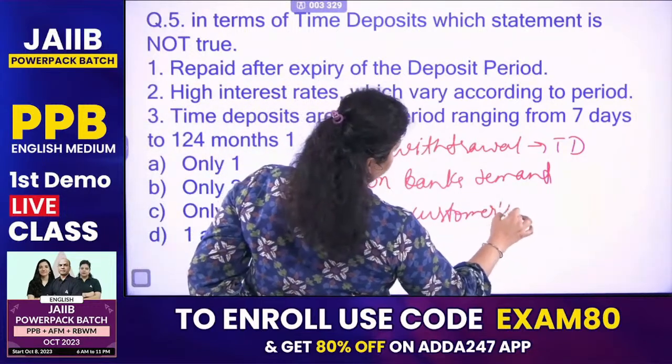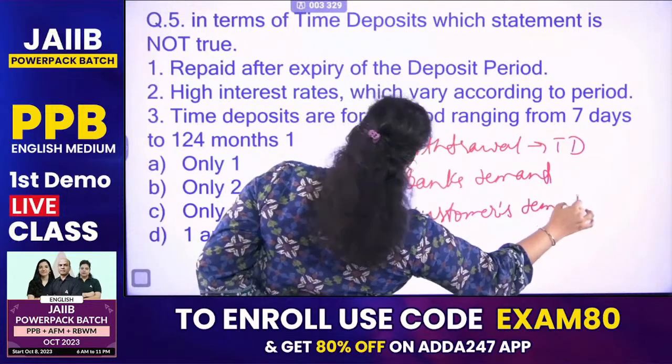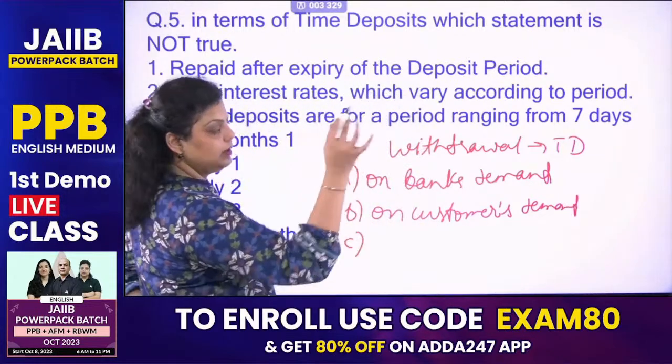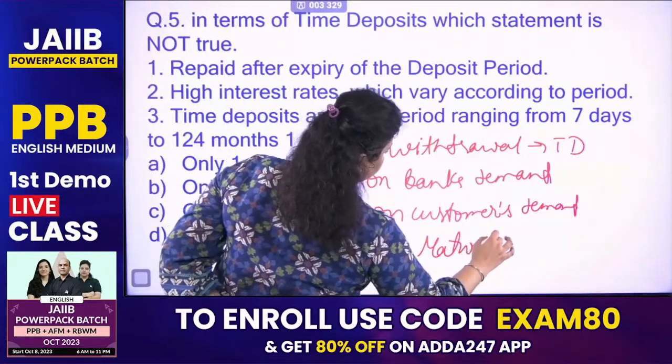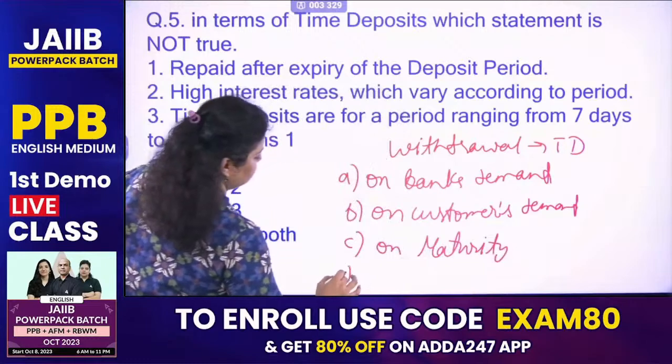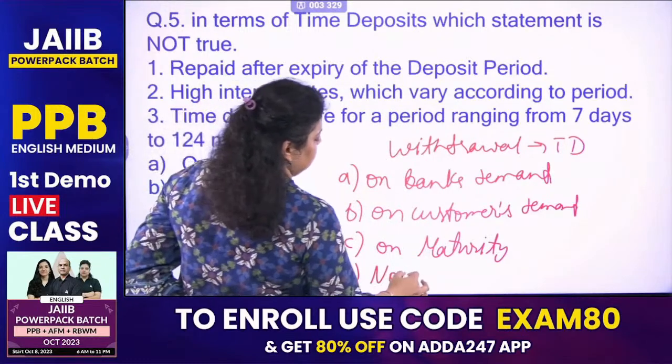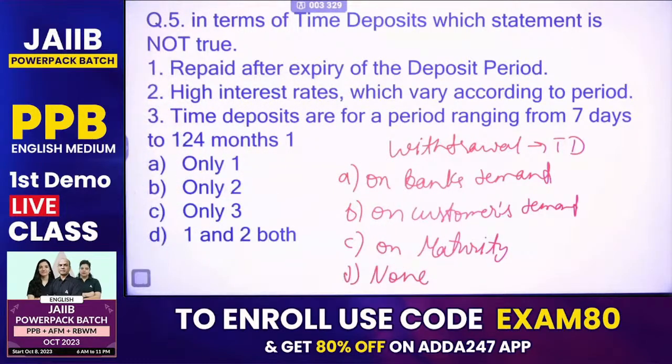The third option is saying, let's say, on maturity. Fourth is saying none. Which of the following will be the right option?